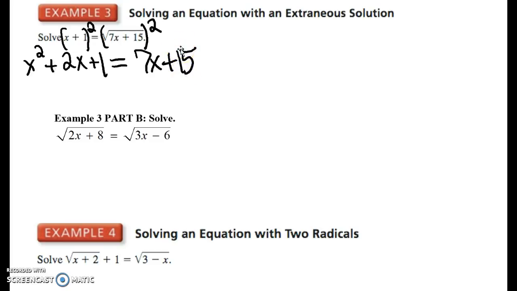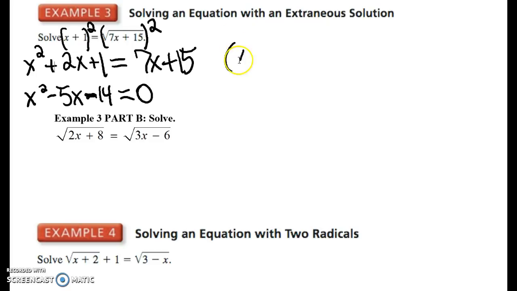Now I want to just bring all my terms to one side. So subtract 7x from both sides and subtract 15. And I'm going to get x squared minus 5x minus 14 equals 0. From here, what can I factor the left-hand side into? I need two numbers that multiply to negative 14 and add to negative 5.